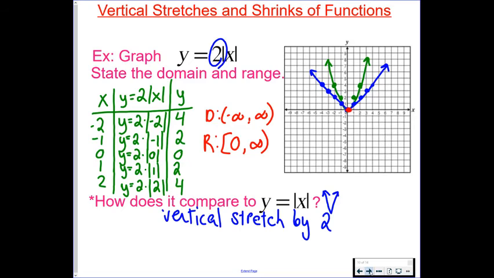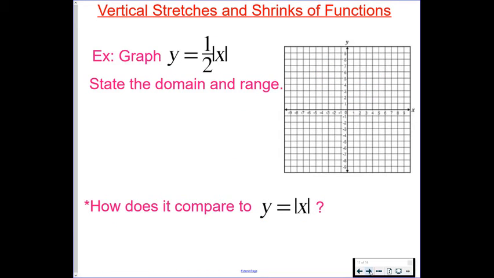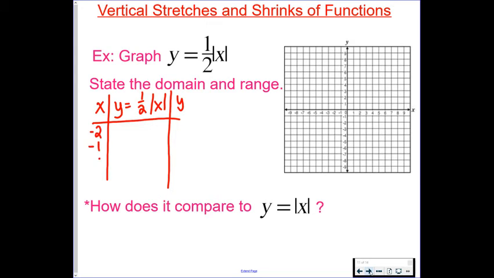Let's try one more. Y equals 1/2 the absolute value of x. X, y equals 1/2 absolute value of x. And then my y values that I'm going to get out. Again, I'm going to just choose our normal 5 points that we like and plug them in. 1/2, the absolute value of -2. The absolute value of -2 is +2, and 2 times 1/2 is 1.